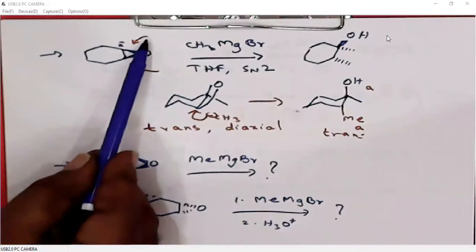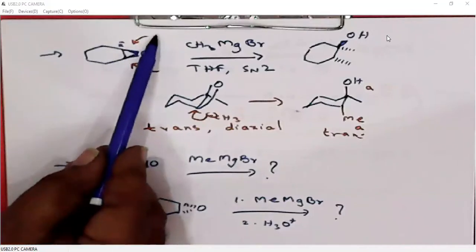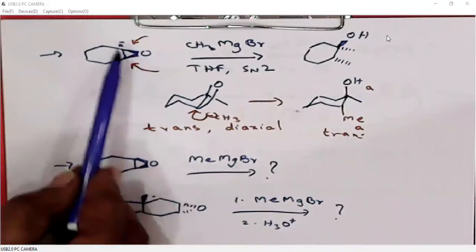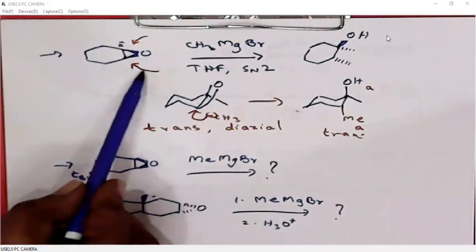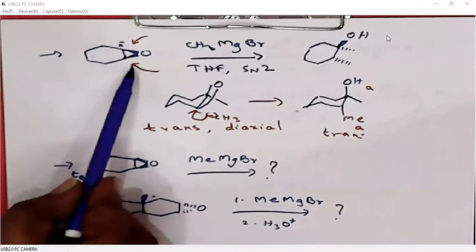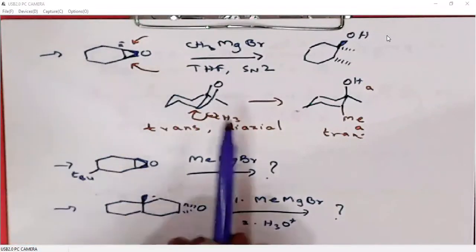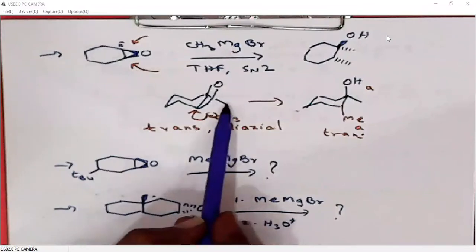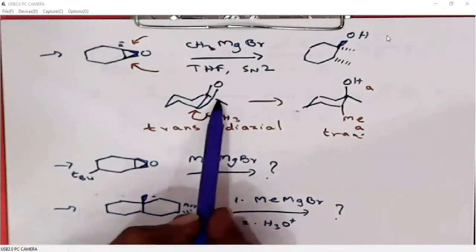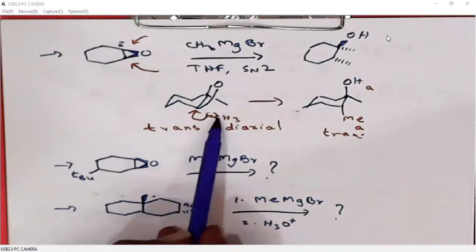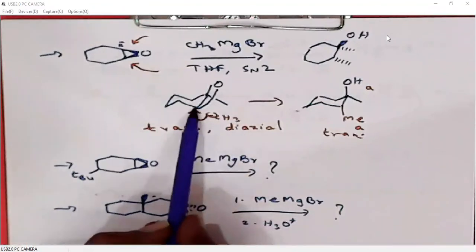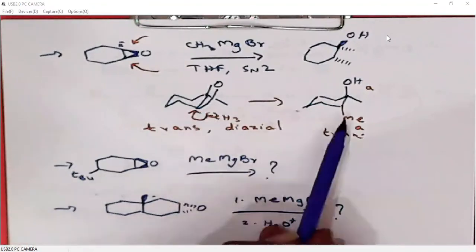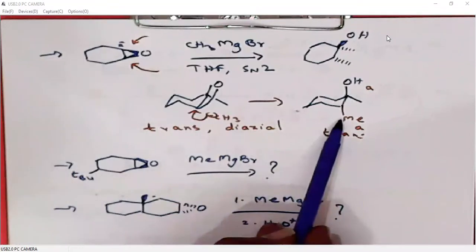If the axial position is possible here, the nucleophile will approach from this carbon. If the axial position is possible here, then the nucleophile will approach from this carbon. Here, if you want to approach the nucleophile from this carbon, it is equatorial, it is not axial, right? So that is why the methyl group approaches from this carbon, because this approach will give us the axial product.